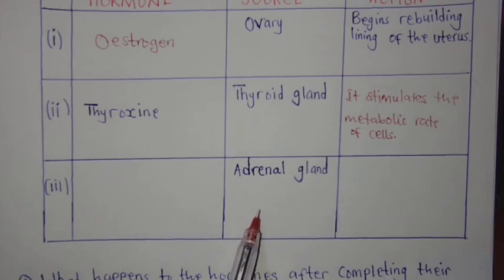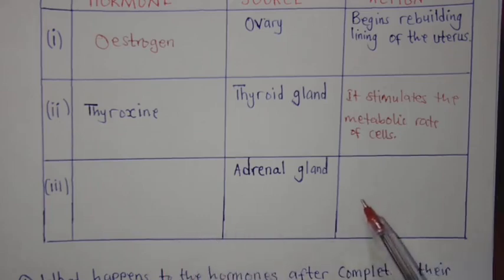So this is easy, okay, because the adrenal gland, we know that it produces different hormones. It produces adrenaline. It also produces the hormone called aldosterone hormone and cortisol hormone. So from these we can pick any, then we write the function here.